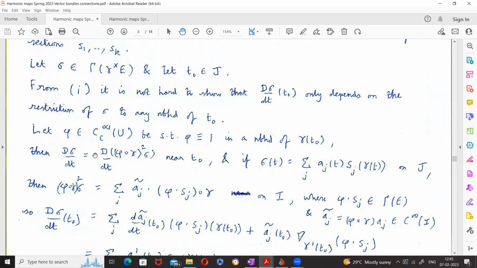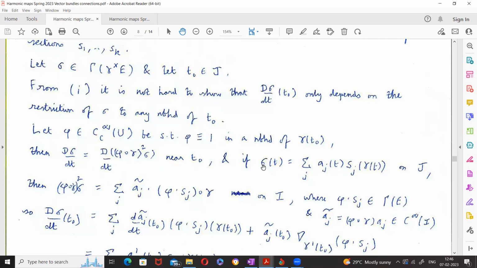Then D sigma dt is the same as D dt of (phi composed with gamma) whole squared into sigma near t naught, because both of these sections are equal near t naught. And the covariant derivative only depends on the values of sigma in a neighborhood of t naught.